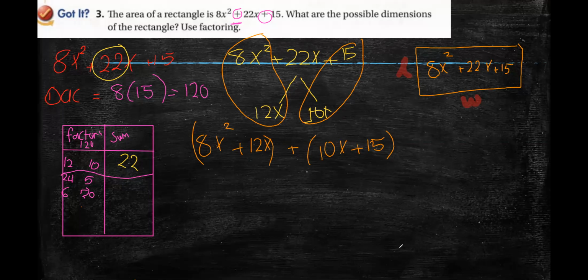Let's first find the GCF for the first bracket, 8x squared and 12x.